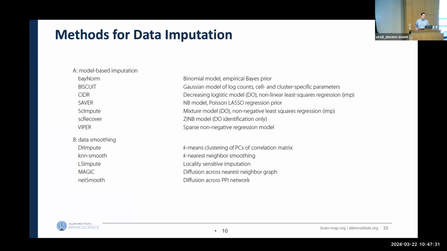There's a whole range of approaches to this problem of data imputation and data smoothing, from simple statistical approaches to non-negative matrix factorization, clustering, and nearest neighbor approaches. Most of these would be available in our packages. You can check some of those out.